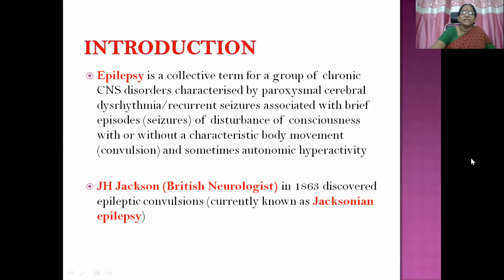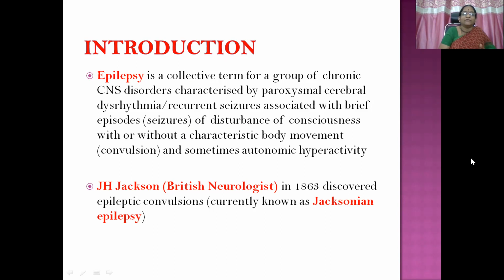Epilepsy is a collective term for a group of chronic CNS disorders characterized by paroxysmal cerebral dysrhythmia or recurrent seizures associated with brief episodes of disturbance of consciousness. The patient may or may not lose consciousness, depending on the type of epilepsy.